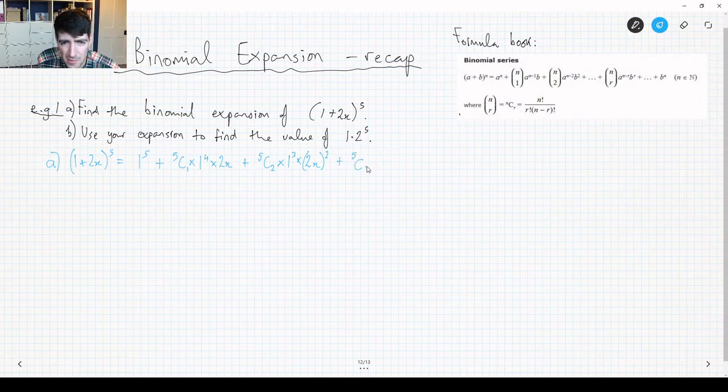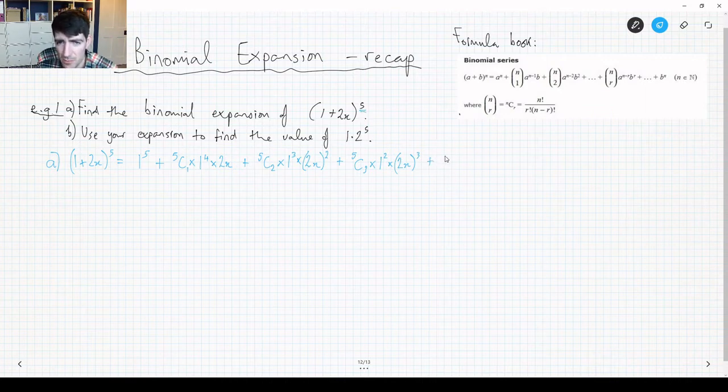The pattern is hopefully quite clear. 1 to the 2, (2x) to the 3. One thing to point out just as we're doing this is in each term the powers will add to make 5. So you've got 5 and 0, 4 and 1, 3 and 2, 2 and 3, and 5 importantly is the power of our original expansion.